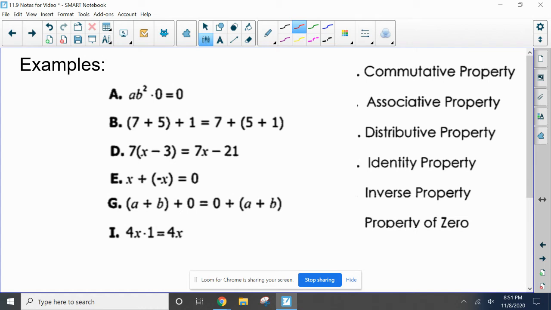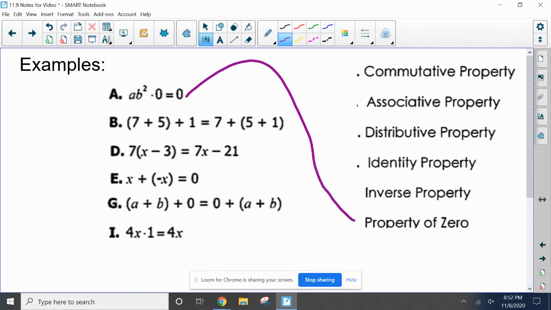So let's look at this. On this first one, I have AB squared, and it doesn't matter what it is, times 0 equals 0. So which property states that something times 0 is going to give me 0? By now you should have already paused this. We're going through this, so check your answers. That's right, the zero property.